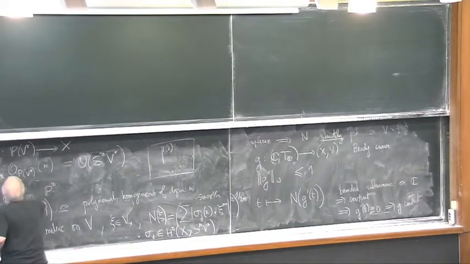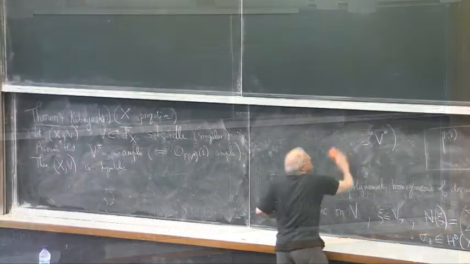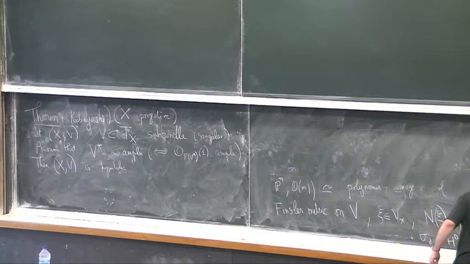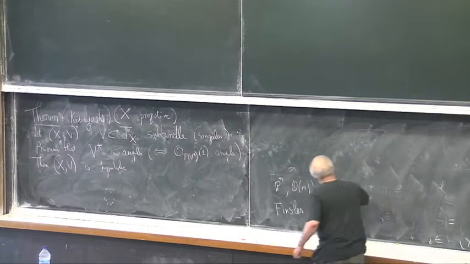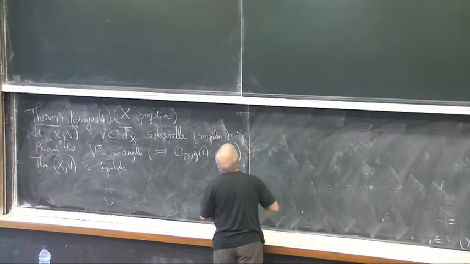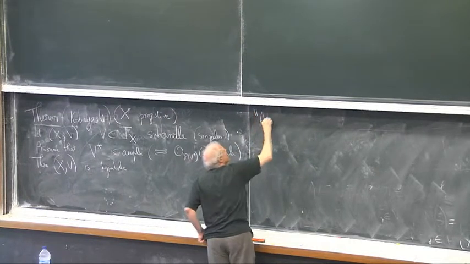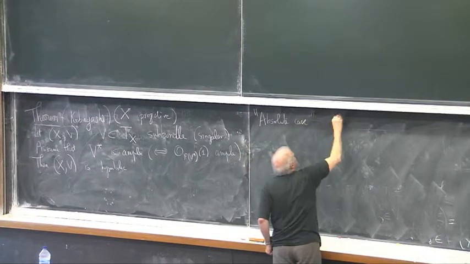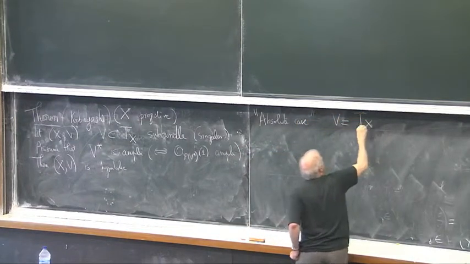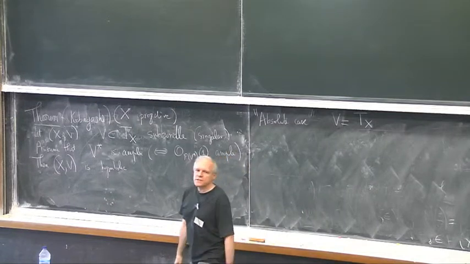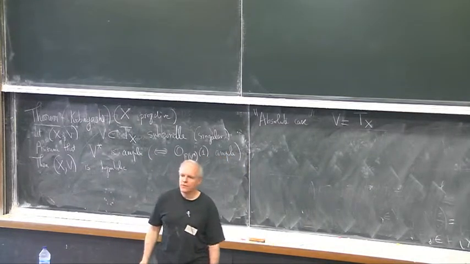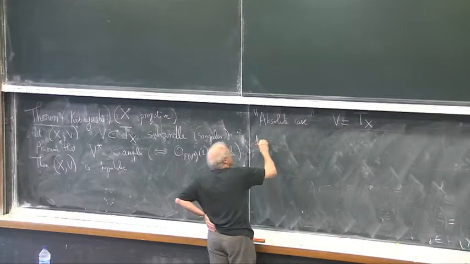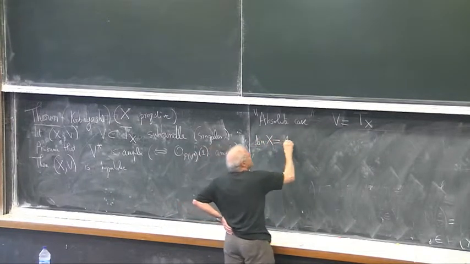So, of course, the interesting case is the absolute case. So what I mean by the absolute case is when you take the full tangent bundle, but it's already sufficient to solve completely the case of curves, of course. So if you have dimension 1, of course, there are 3 cases.